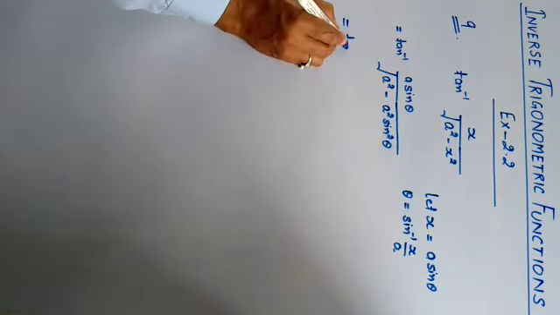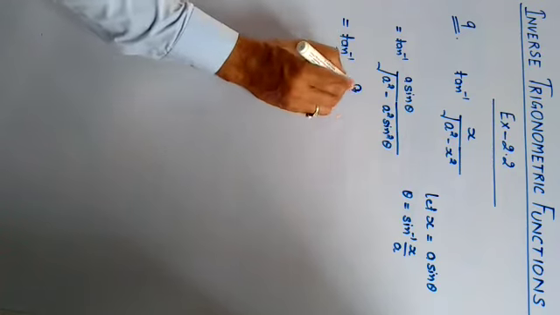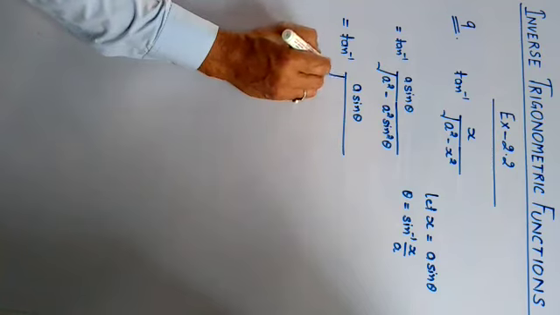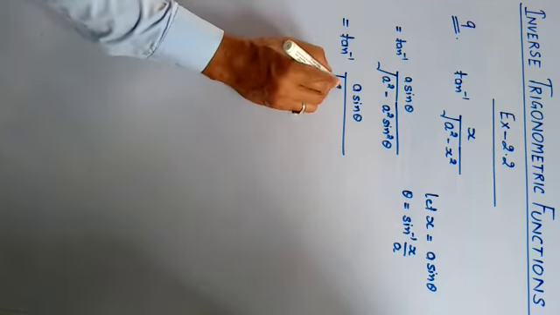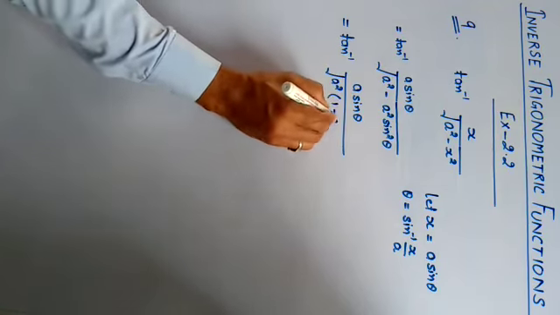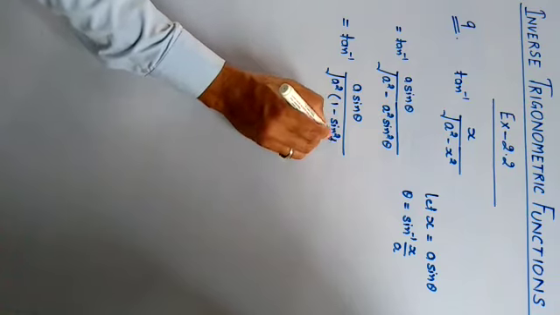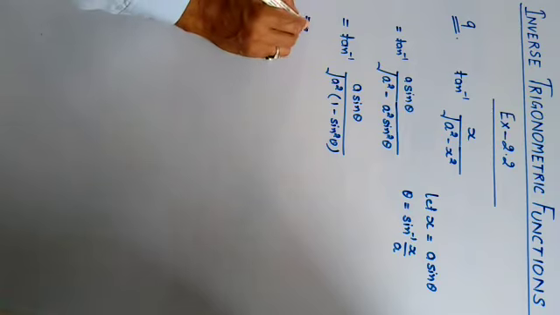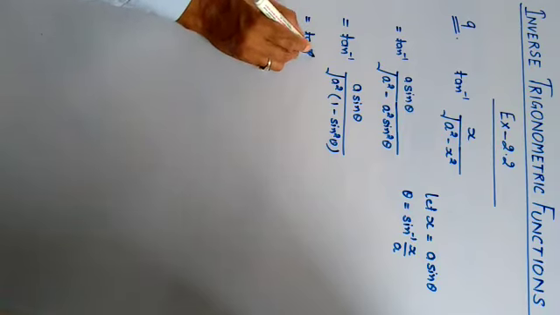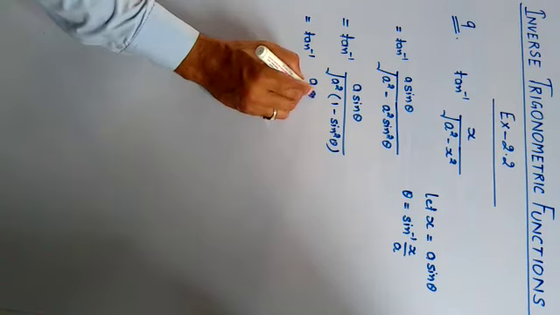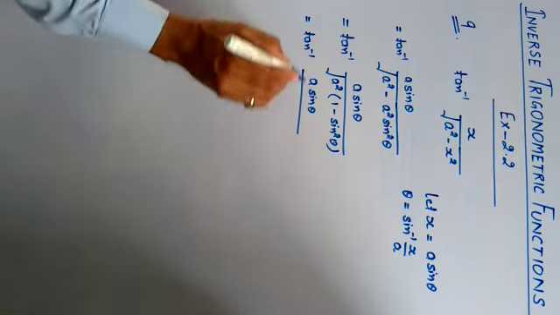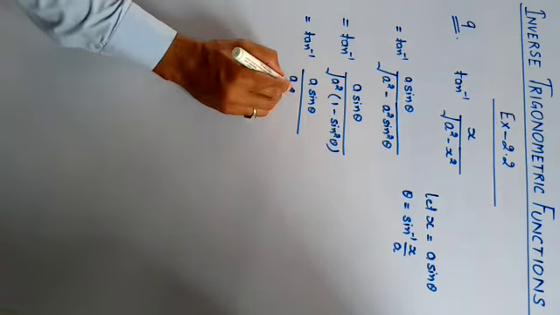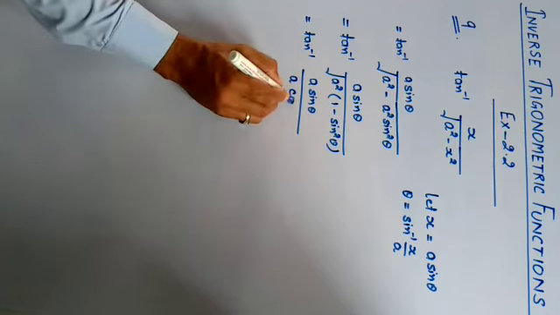So tan inverse, numerator as it is, a sin theta. If we take a square common, it will be 1 minus sin square theta, and 1 minus sin square theta is cos square theta. So tan inverse a sin theta, after taking square root, a cos square theta, square root of cos square theta is cos theta.